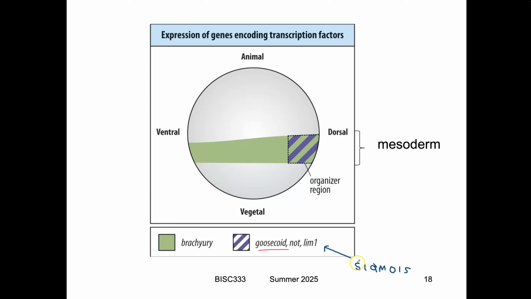Okay, so some of the genes that get transcribed in response to CMY are goosecoid, which is I guess the most important one because we've talked about that the most, Not, and Lim1. These are three genes, not the only ones, of course, that are expressed specifically in the organizer region.